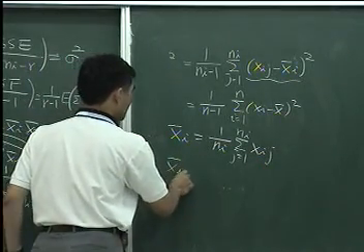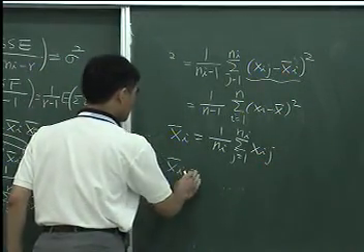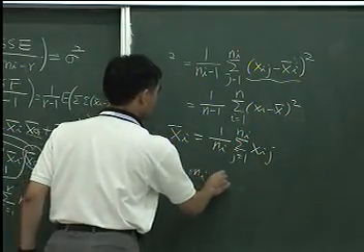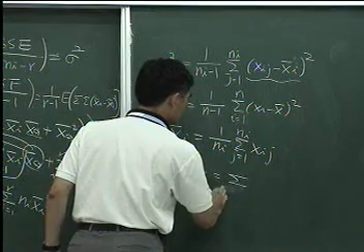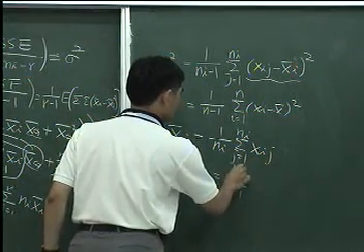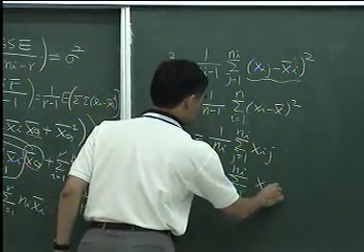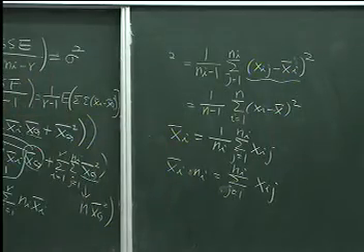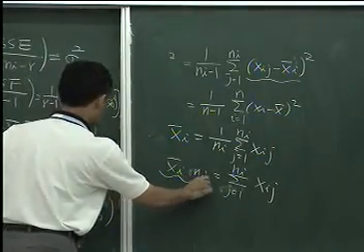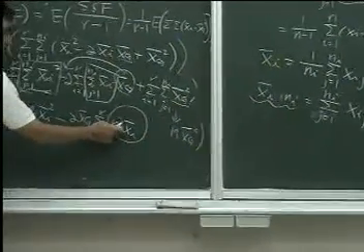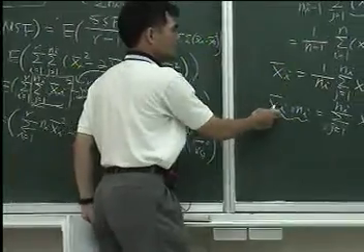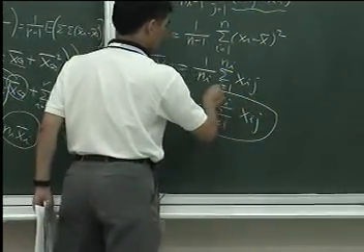Then from here you know x bar i times n_i is equal to summation j from 1 to n_i x_ij, right? So actually this part is what you see here. This part is actually equal to this part, right?